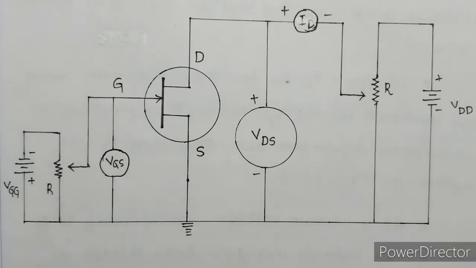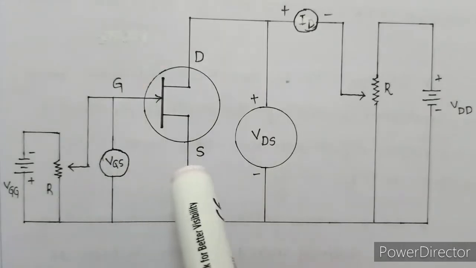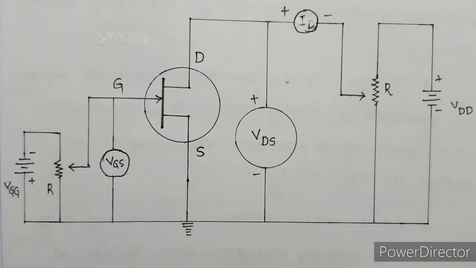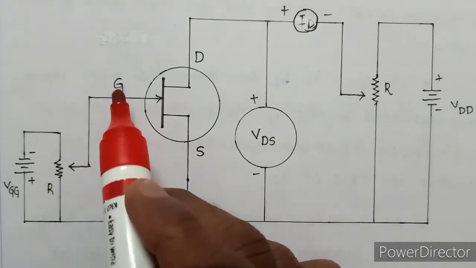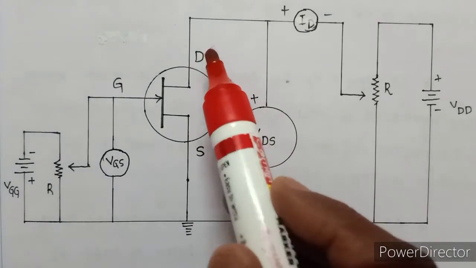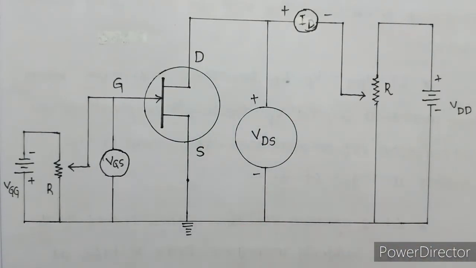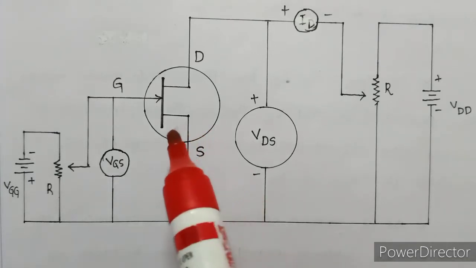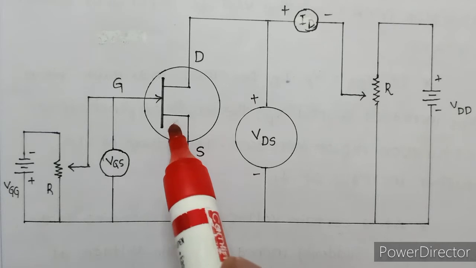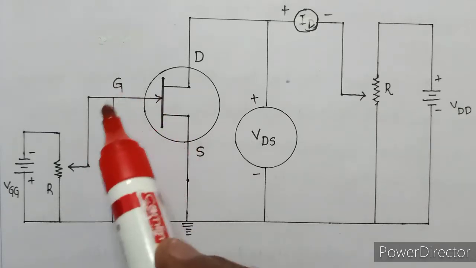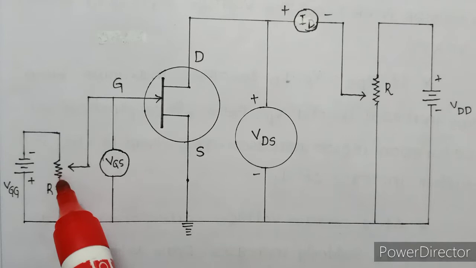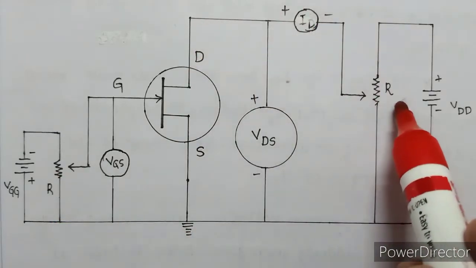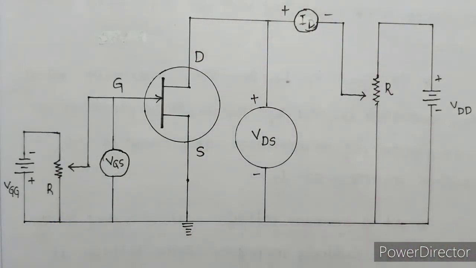we do the experiment. The experimental arrangement: this is the JFET. This is the gate, this is the drain, this is the source. This JFET is connected to one resistance, which is connected to a second resistance.